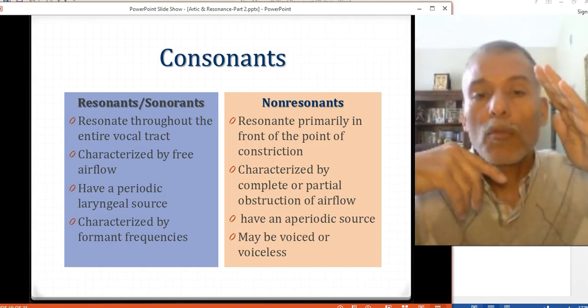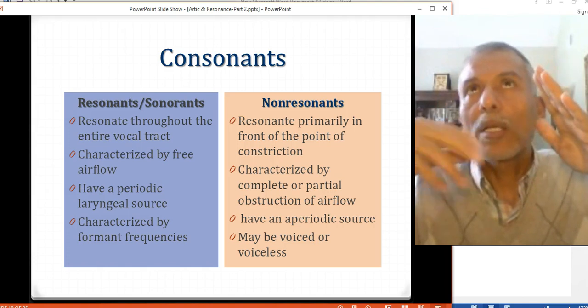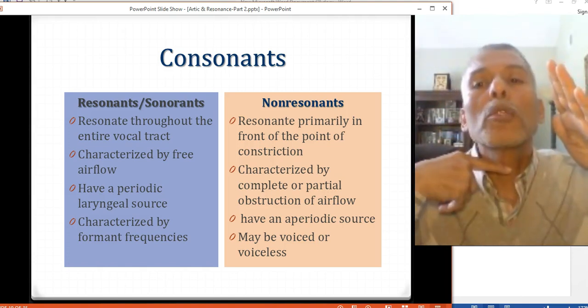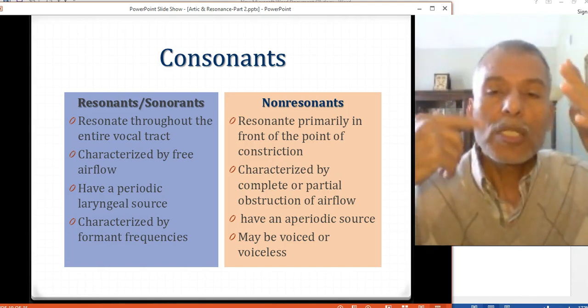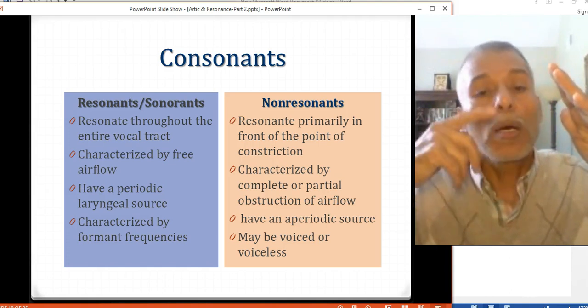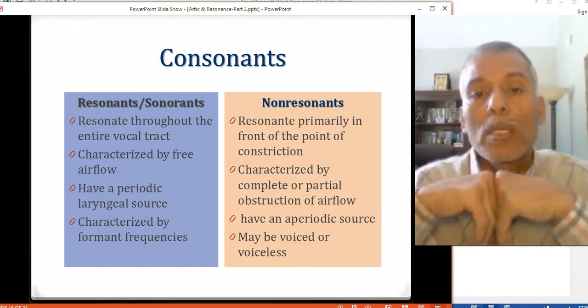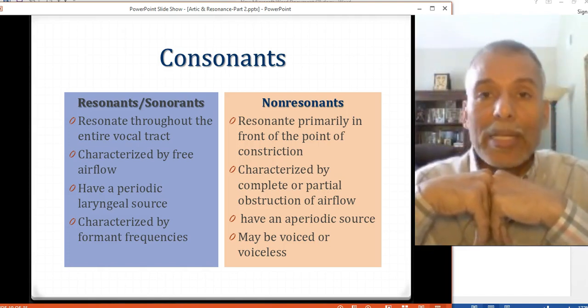They have the vocal fold tone in addition to oral constrictions causing noises in the oral cavity, and that gives them the two sources for the tone.